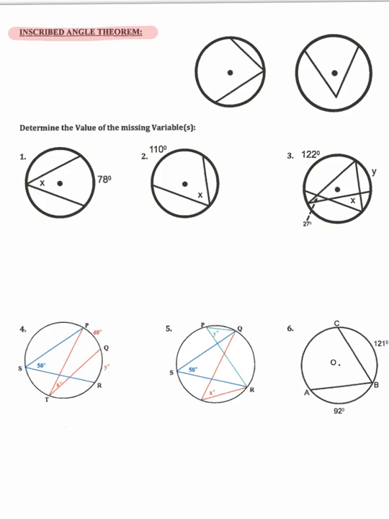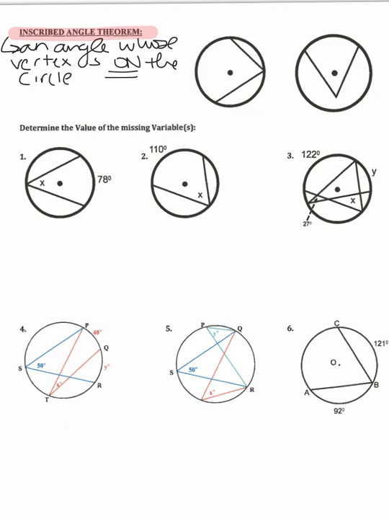An inscribed angle is an angle whose vertex is on the circle. For a central angle, the vertex was on the center.